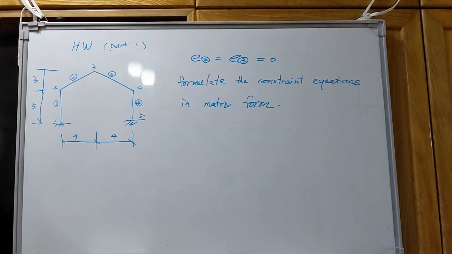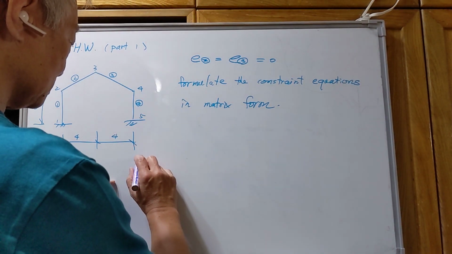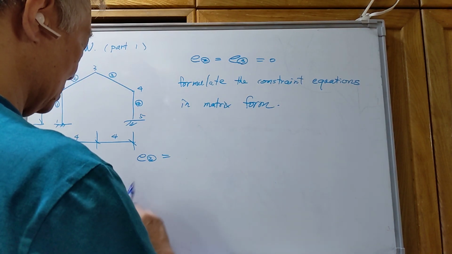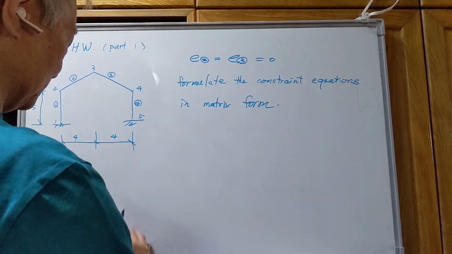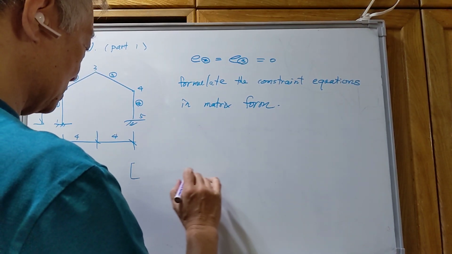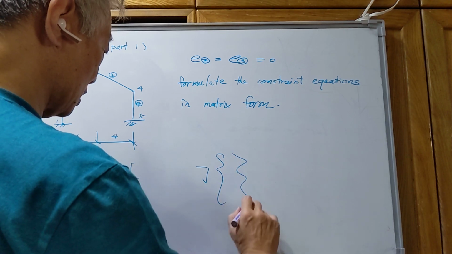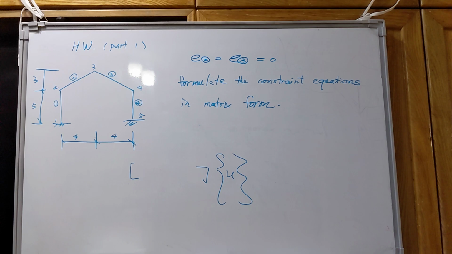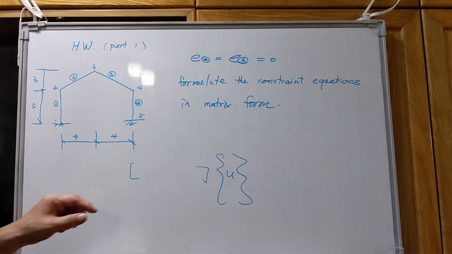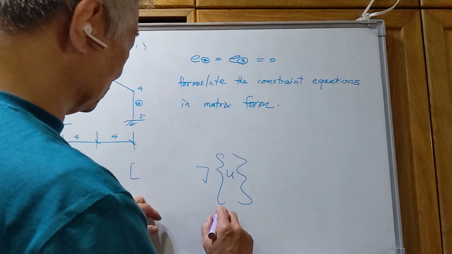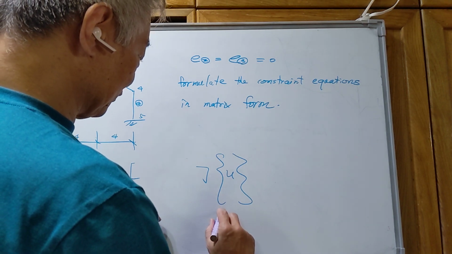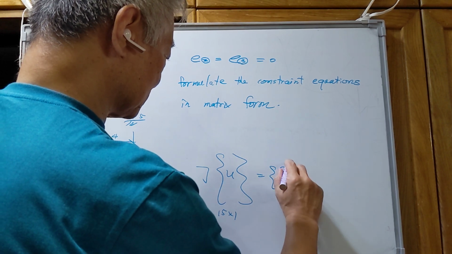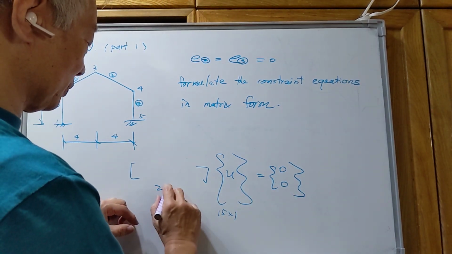And if you like, you can also write a formula using the global displacement vector. For this example problem, the global displacement vector will be a 15 by 1, and the matrix is a 2 by 15.